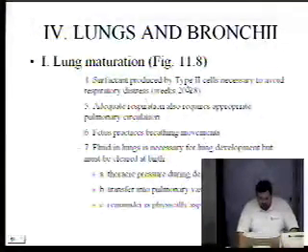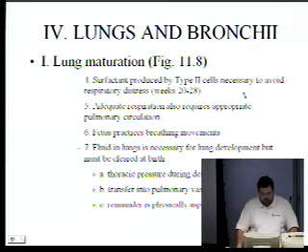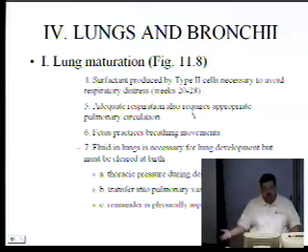Okay, so the surfactant produced by type 2 cells is necessary to avoid respiratory distress. And so if a baby's born at that stage, they have very little chance of surviving because of lung collapse. Again, you can't have respiration without the pulmonary circulation.